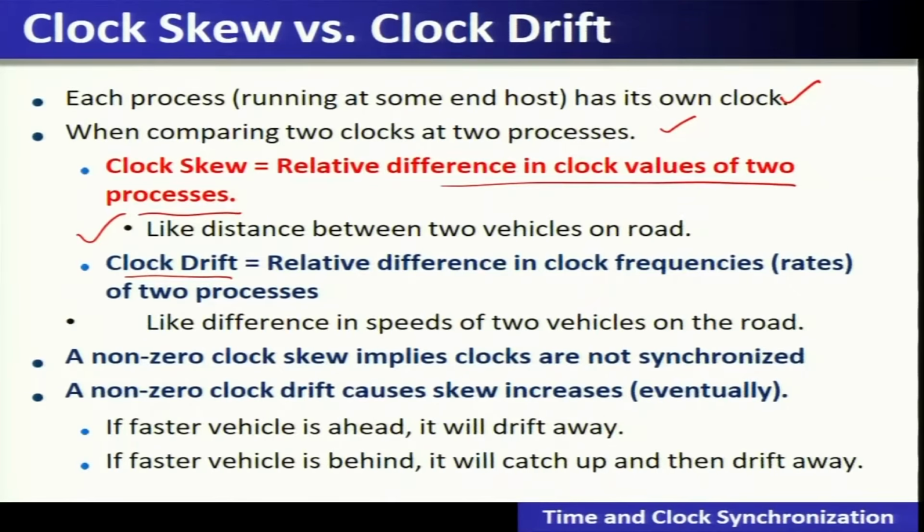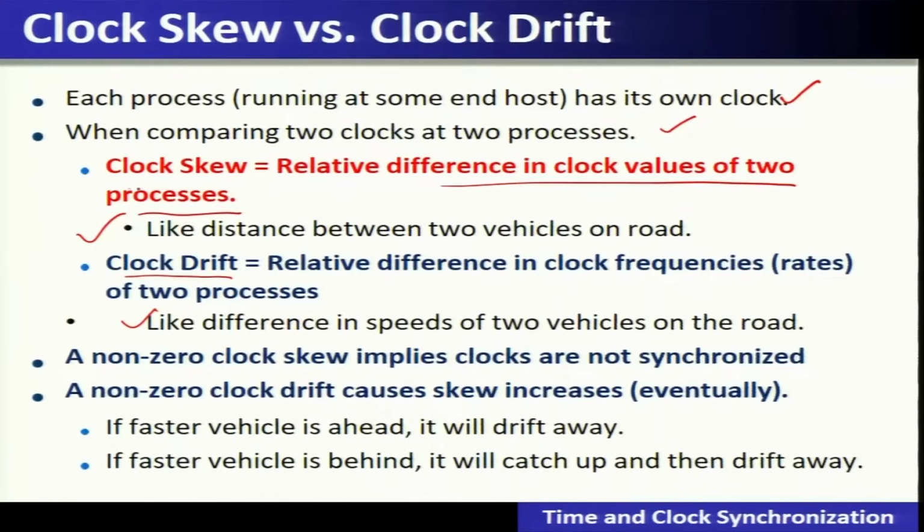That relative difference of the clock frequencies is called a clock drift. From a real life example, the difference in the speed of 2 vehicles on the road is called a clock drift. So the distance between 2 vehicles is called a clock skew, and the difference in the speed of the 2 vehicles is called a clock drift.